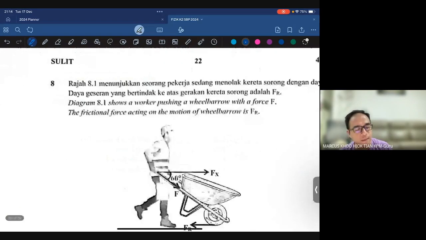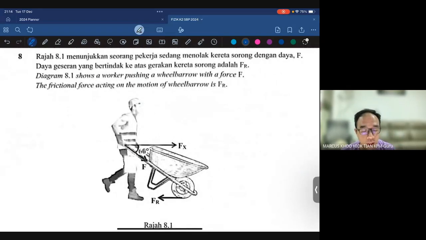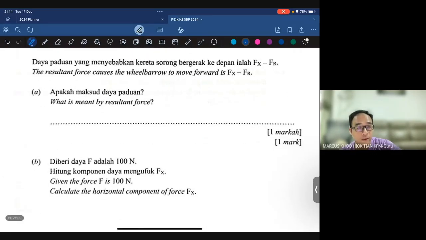Okay, number 8, a worker pushing a wheelbarrow with a force F. The frictional force acting against the motion of the wheelbarrow is Fr, to the back. So what is meant by resultant force?